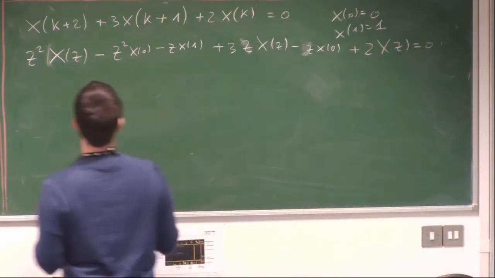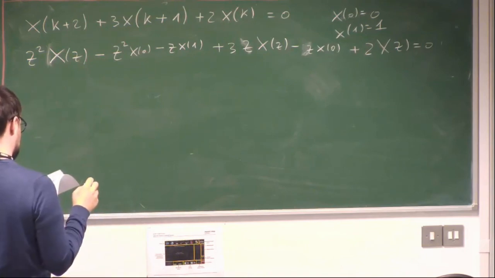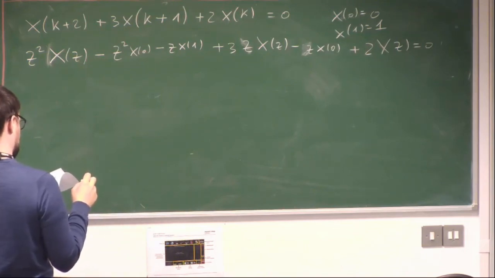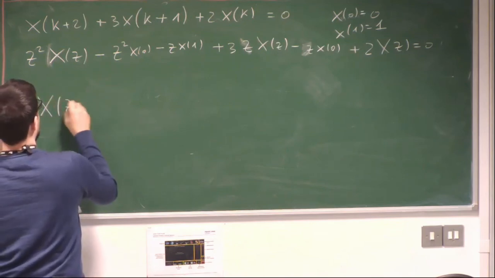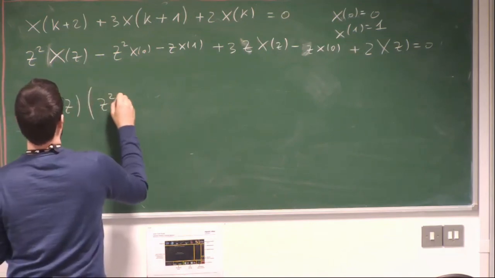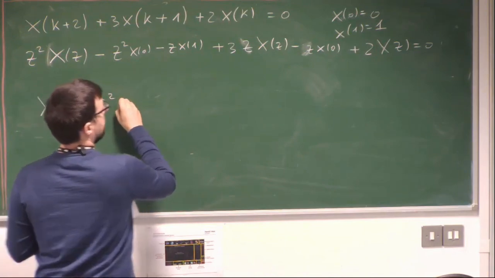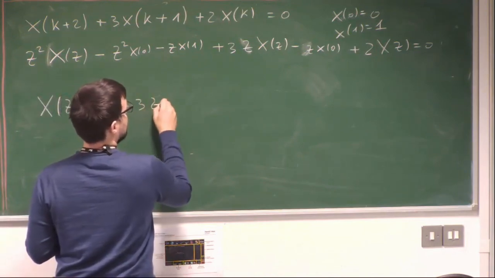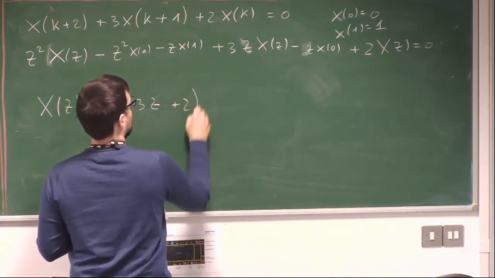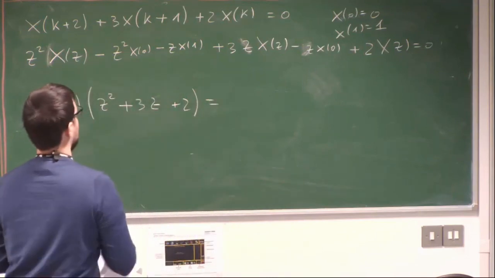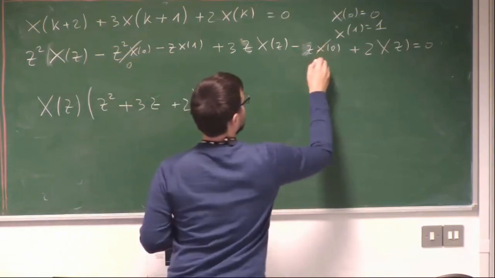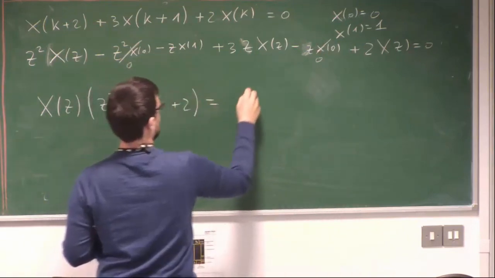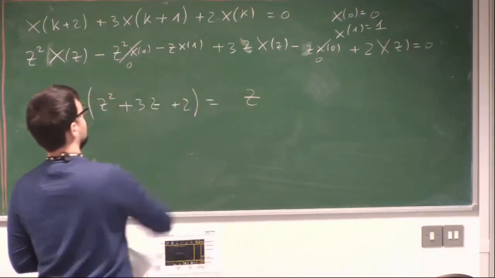So now we can factorize x of z, and we obtain that x of z times z square plus 3z plus 2 is equal to, and we bring these terms on the other side. This is actually 0, and this is actually 0, but on the other side we will have z that comes from this term.